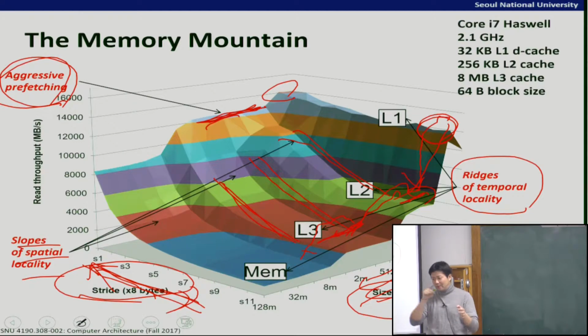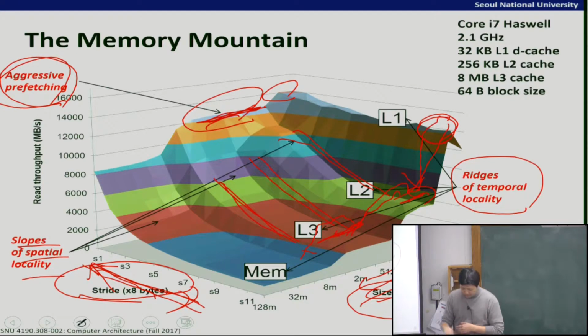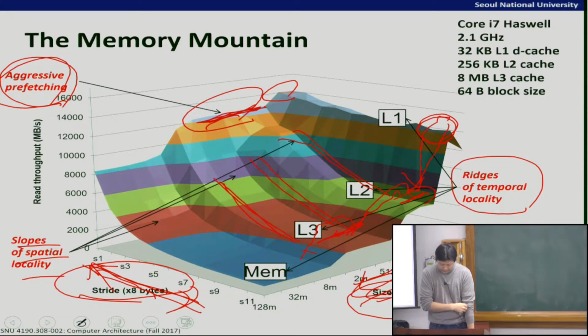So it tracks the history of memory requests, and if it finds a certain pattern, it requests that data even before the instruction actually requests it. That technique is called prefetching, and this performance is maintained even with a larger array because of the aggressive prefetching.